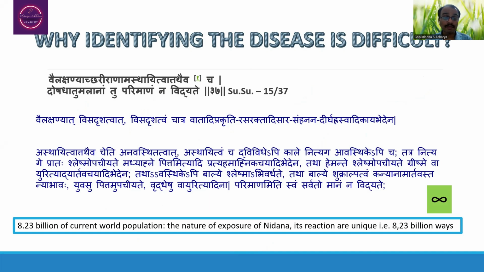Because of the specificity, the exposure or variations observed in an individual are unique. Otherwise, because of asthayitva, instability in different individuals, identifying a nidana or disease in an individual is difficult.